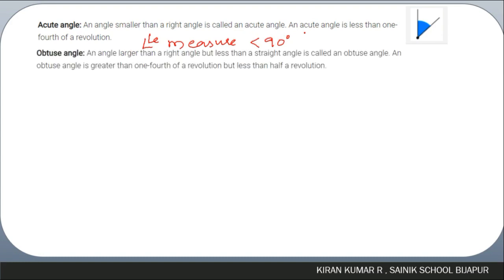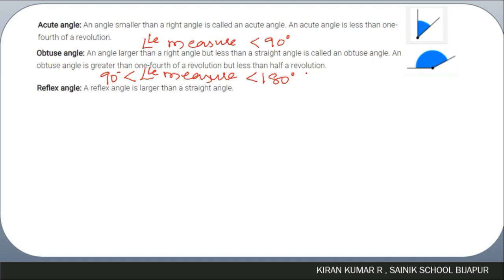Next we have the obtuse angle. An angle larger than a right angle but less than a straight angle is called an obtuse angle. An obtuse angle is greater than 1/4 revolution but less than half a revolution. Look at this figure. Here the angle measure is greater than 90 degrees but less than 180 degrees.